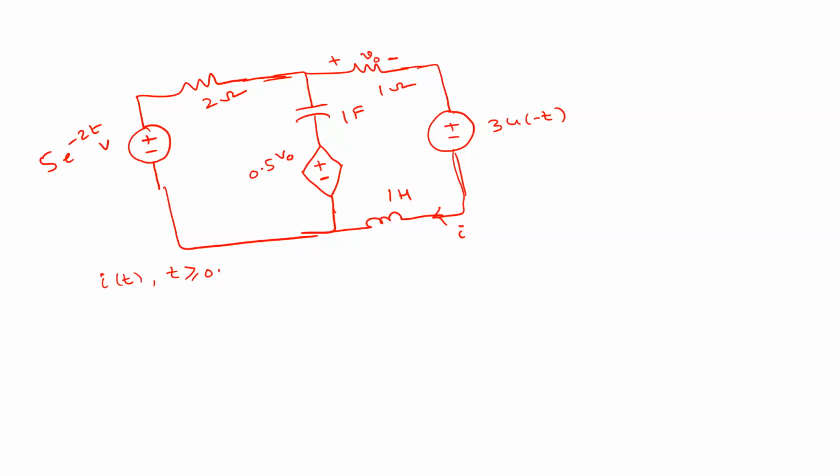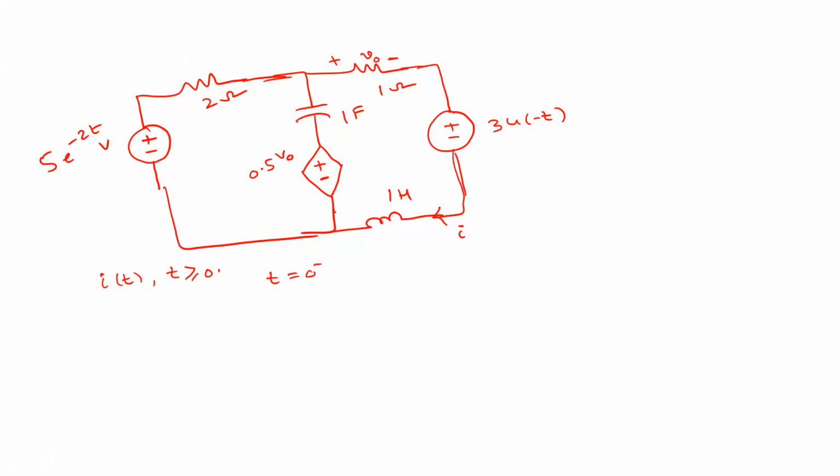Okay, right. So how to find the initial conditions? So for t less than 0, sorry, for t equal to 0 minus, how will the circuit look?